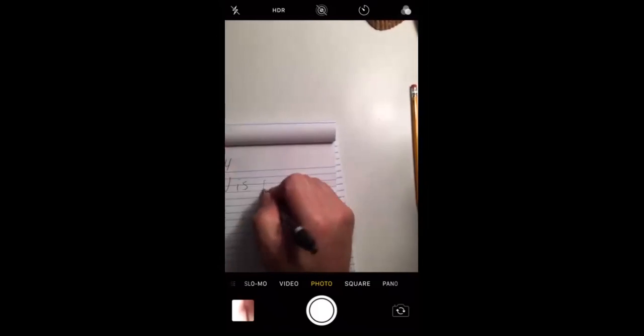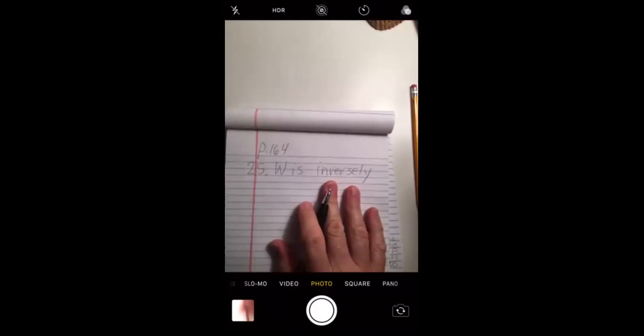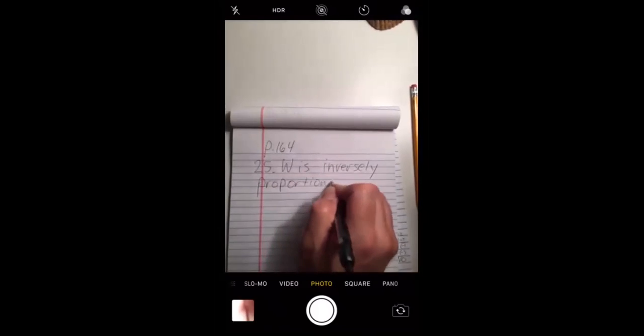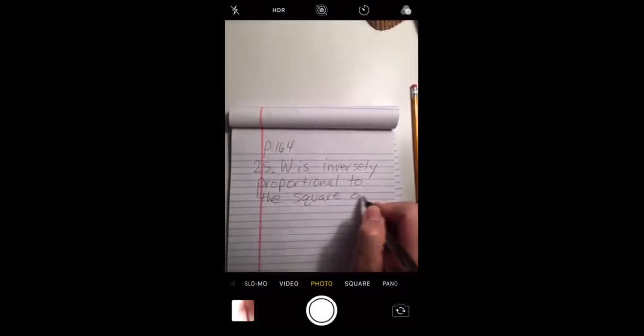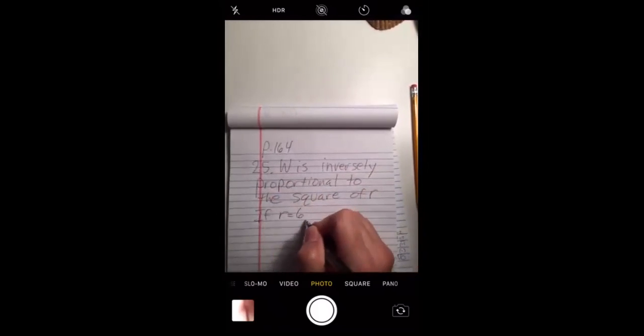W is inversely proportional to the square of R. If R equals 6, W equals 10. And they don't give you the find K right here on the problem. It's back in the paragraph above, but they want you to find K.